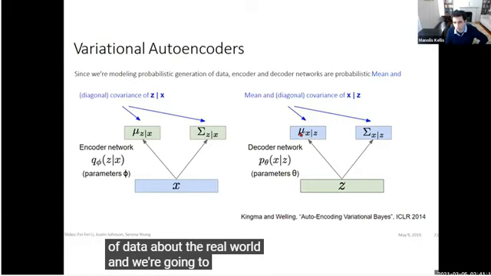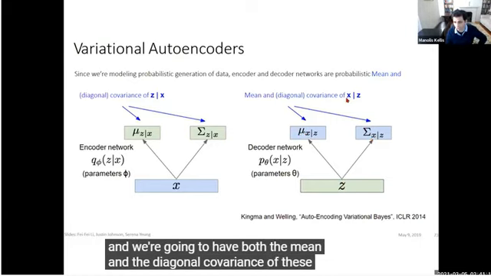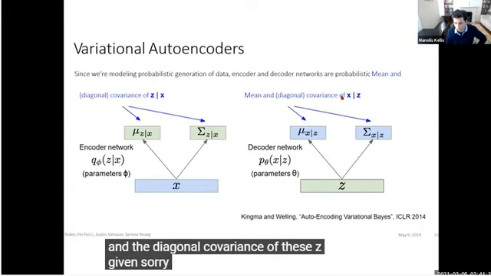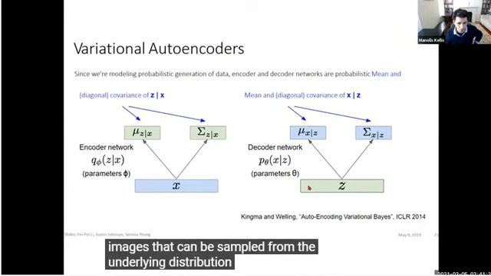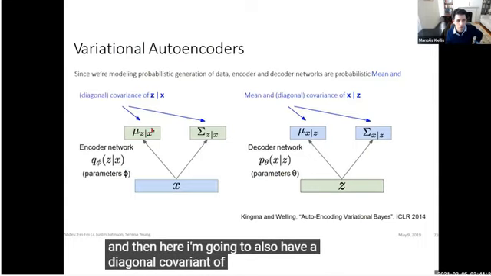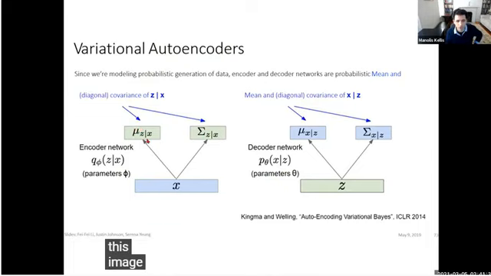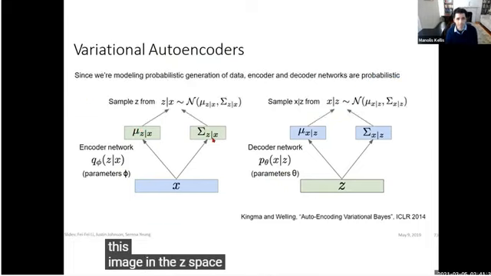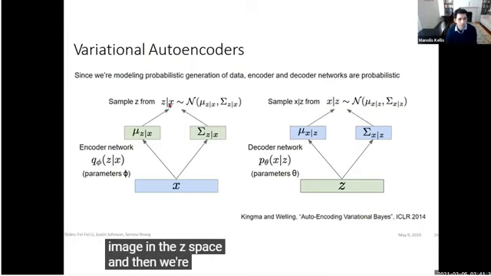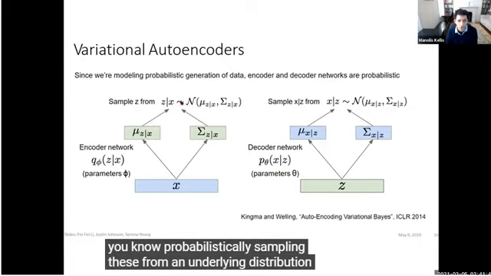And we're going to have both the mean and the diagonal covariance of these X given Z. So basically, these are the images that can be sampled from the underlying distribution. And then here I'm going to also have a diagonal covariance of all the possible encodings of this image in the Z space. And then we're going to be probabilistically sampling these from an underlying distribution.